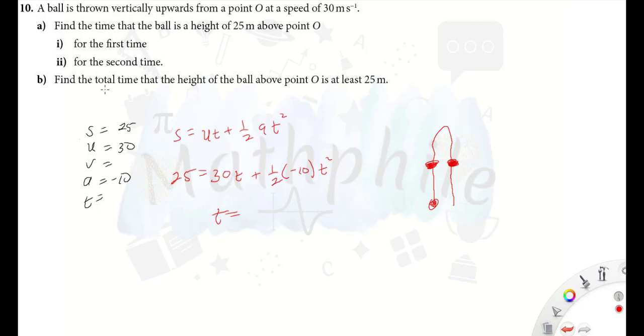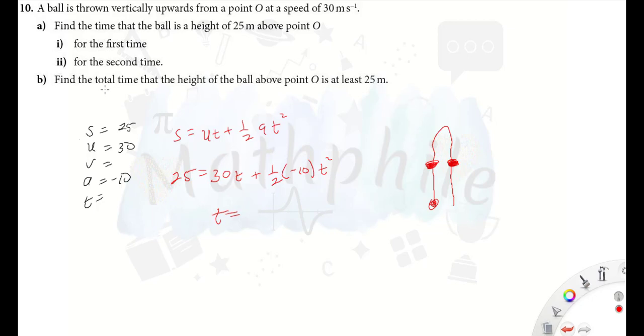But if you are not so strong, that is where you start to do things that you are not supposed to do, and just waste your time. Mind you, you've got 1 hour 15 minutes to write this paper, and it is for 50 marks. Okay, so find the total time. Find the total time that the height of the ball was above 0.